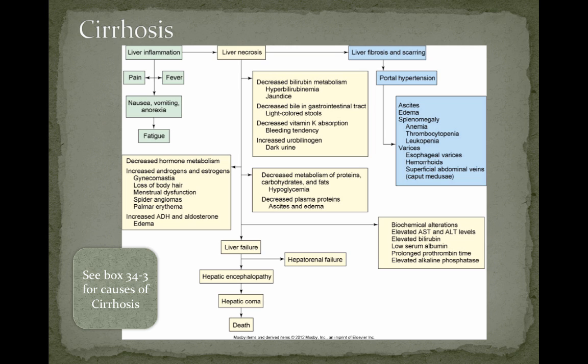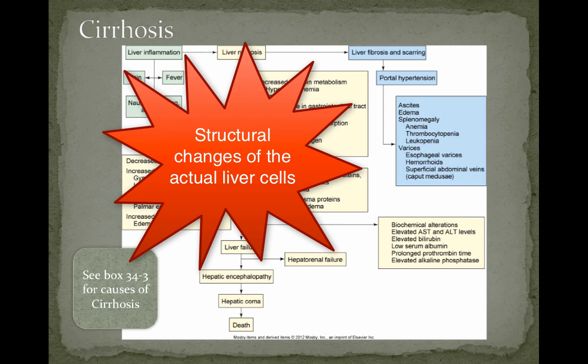Okay, so when there's an inflammatory process in the liver, structural changes will occur in the liver cells, and they become fibrotic over time. Remember that there's a pattern of the inflammatory mediators, right? You get an infiltration of leukocytes to the area, you get activation of fibroblasts in the liver, and that is going to cause structural changes.